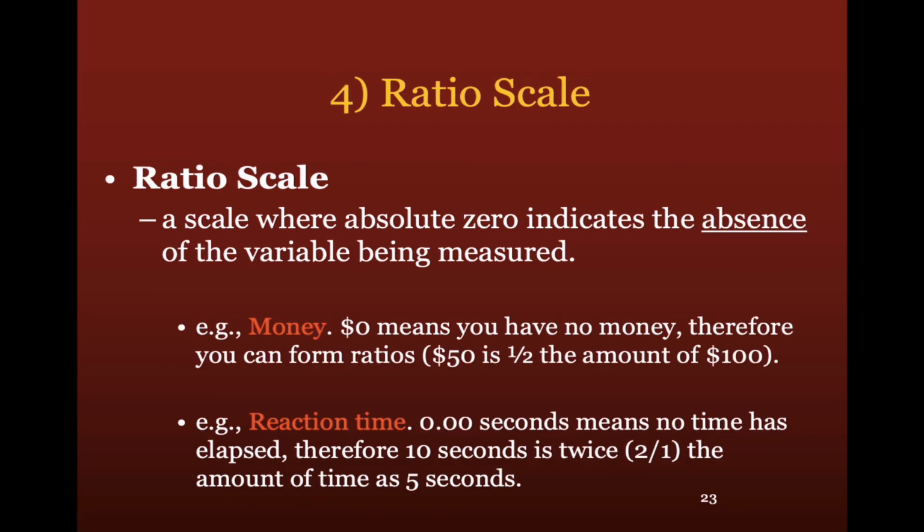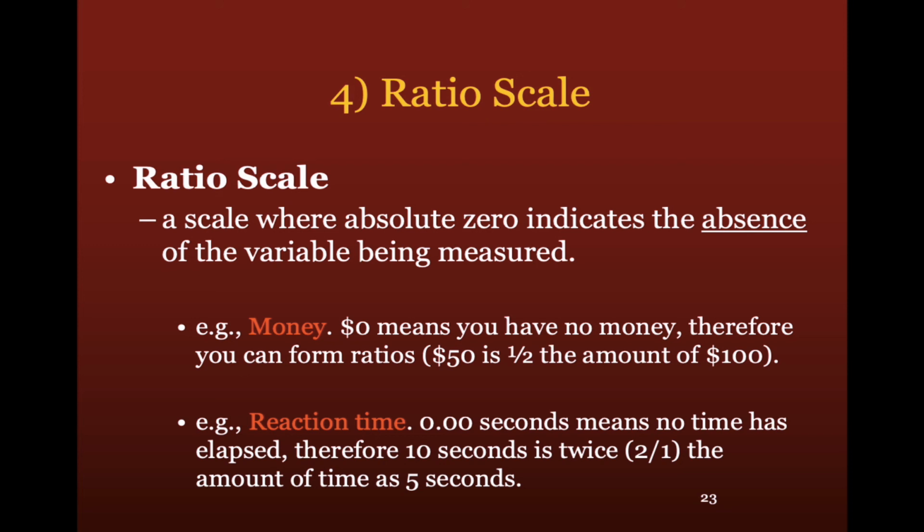Now, ratio scales are similar to interval scales, except 0 does mean the absence of what you're measuring, right? So if I say I have $0, that means I have no money. And as a result, when you have a scale in which 0 means the absence of what you're measuring, you can now form ratios out of different values, right?